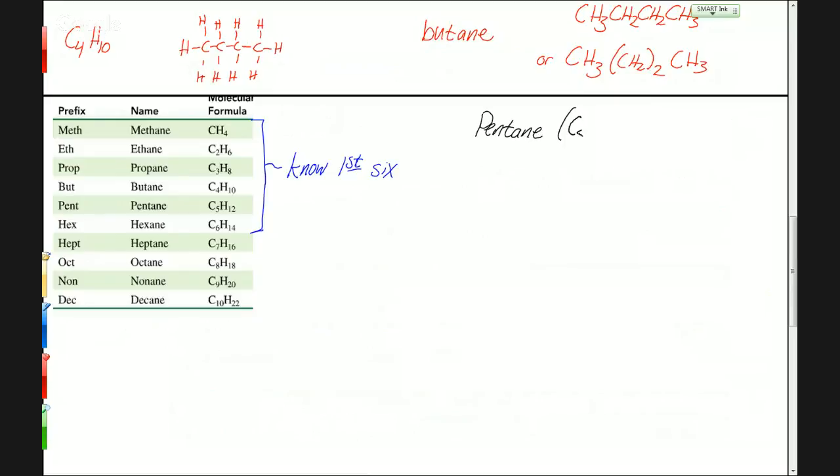pentane, which is C5H12. Actually, 3 different ways you can draw pentane. There's 2 different ways you can draw butane. So we can draw 3 different structures that all have the same formula, that are all C5H12.